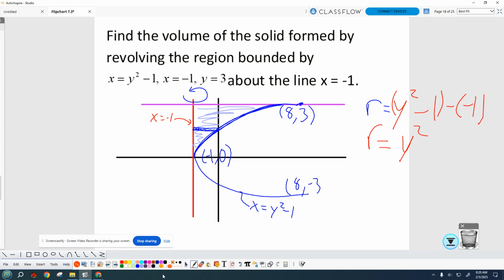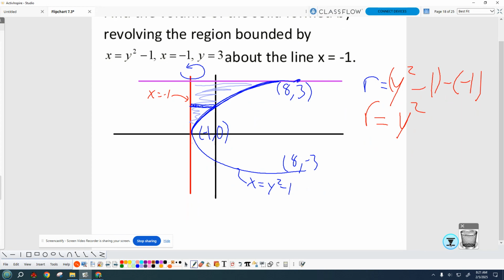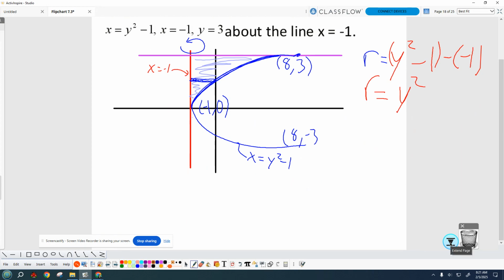Sebastian, what's the setup? Come and write the volume for us. If you're integrating with respect to y, then you set the bounds from 0 to 3, and that's the 8. So volume equals. Is there symmetry to this one? Am I gonna double it?